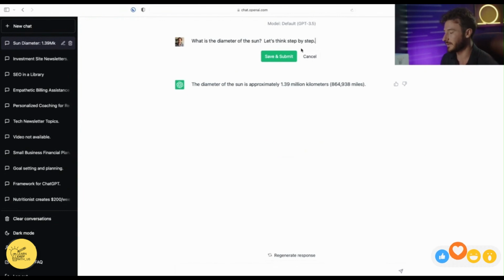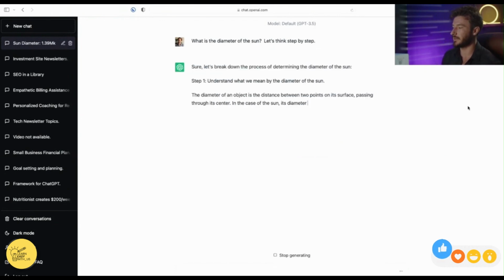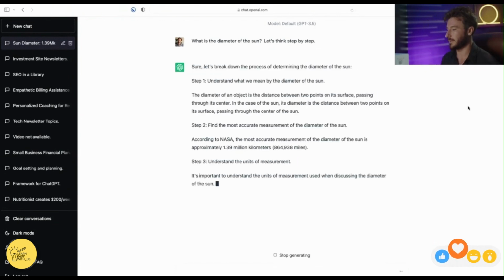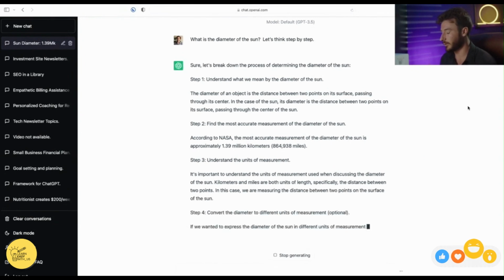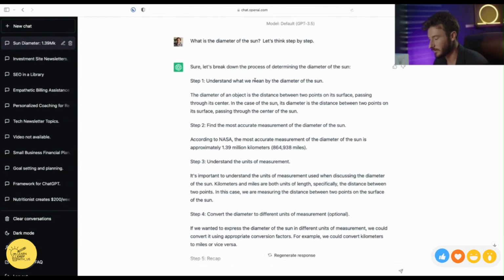Now, if we were to do the same exact prompt, but I do our chain of thought framework, which is very simple for this case, "Let's think step by step." Let's go ahead and submit this. And we're going to actually see the thought process that ChatGPT or a person would go through to actually get the answer to this question. So here we go. Let's break down the process of determining the diameter of the sun. Step one, understand what we mean by the diameter of the sun.